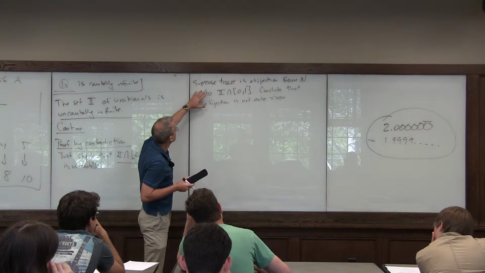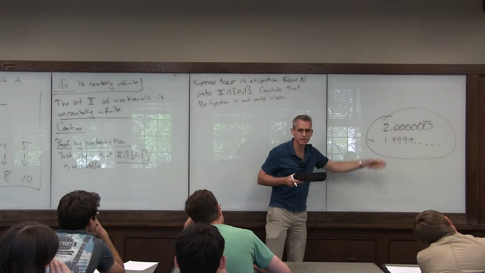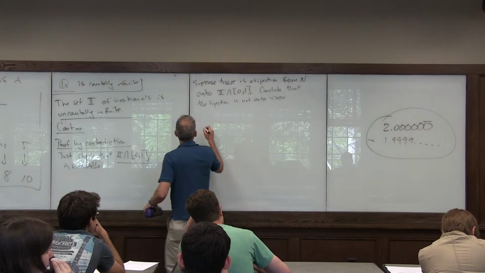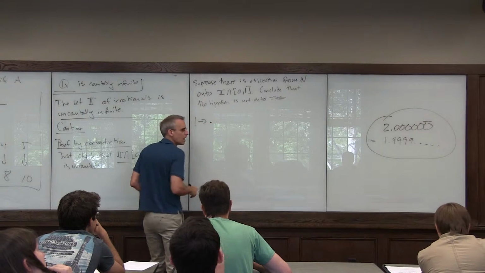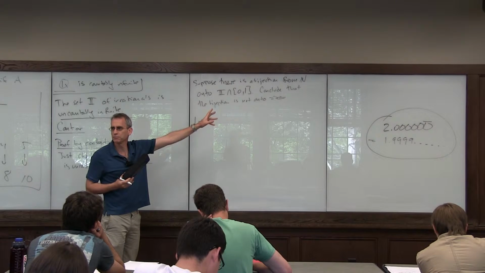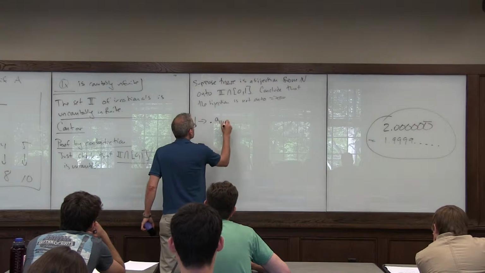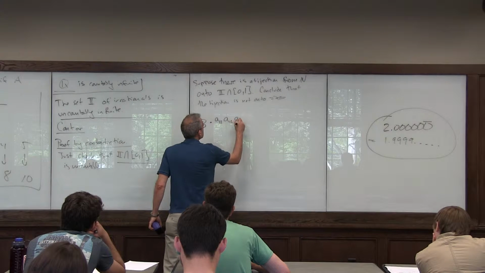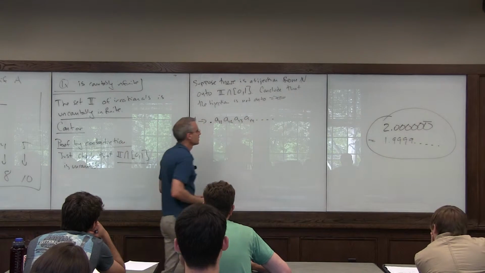So what we're going to do is start, and we're between 0 and 1, so there's going to be nothing in front of the decimal place. I'm going to write down my bijection, or at least a little bit of it. So 1 has to go to something with a decimal expansion. Okay, so we're using double subscripts now.